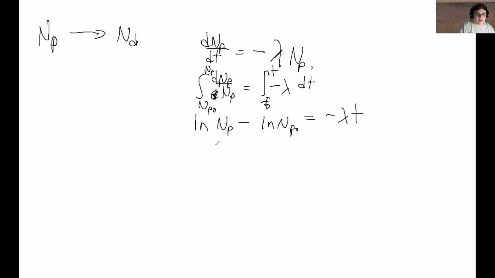And we do a little bit of manipulation. Oops, I misdid my integral: t minus t naught.